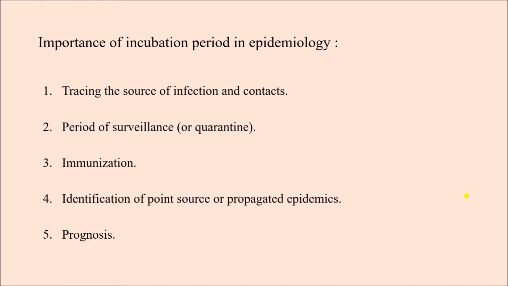From that we can identify if that earlier person is the source of infection or not. Period of surveillance or quarantine: how long a person or a group of people have to be kept under surveillance or in quarantine can be determined by incubation period, and it is generally equal to the maximum incubation period for that disease.